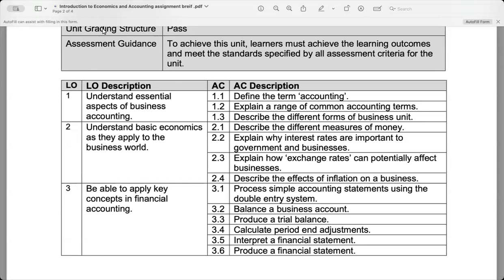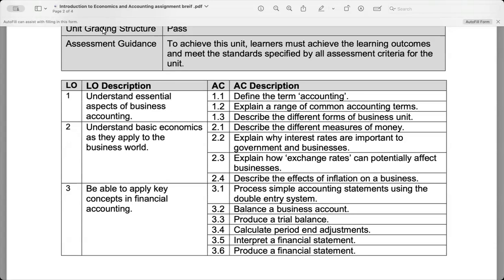In our third lecture, we focused on practical application of financial accounting principles. We learned how to process simple accounting statements using the double entry system, ensuring that every transaction maintained the balance of the accounting equation: assets equal liabilities plus equity. We also worked on balancing a business account by correctly recording debits and credits, and we created a trial balance to verify that all financial transactions were accurately recorded.